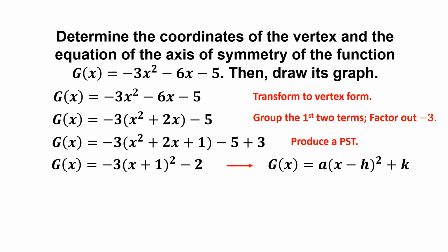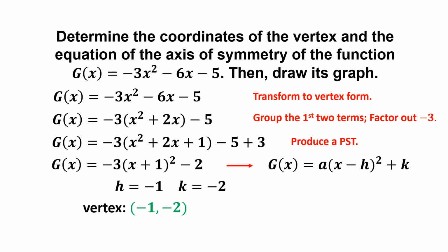This gives us g of x is equal to negative 3 quantity x plus 1 close quantity squared minus 2, which is now in the form g of x is equal to a quantity x minus h close quantity squared plus k. That means h is equal to negative 1 and k is equal to negative 2.